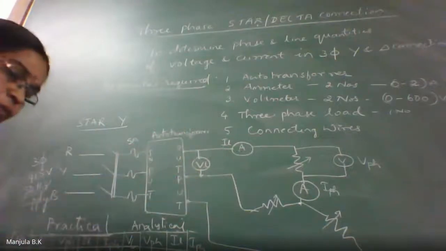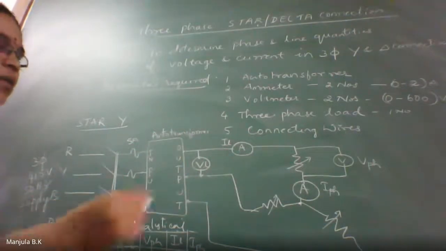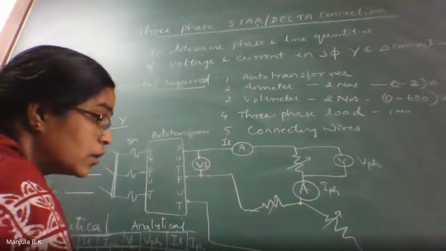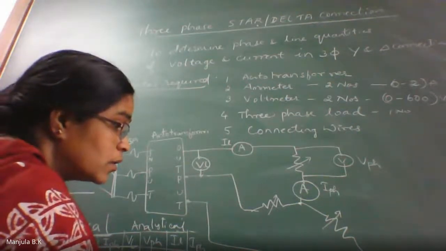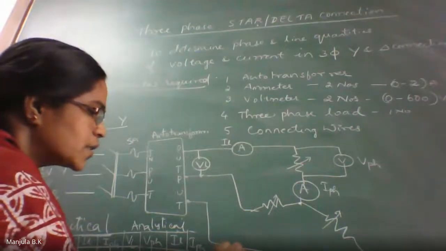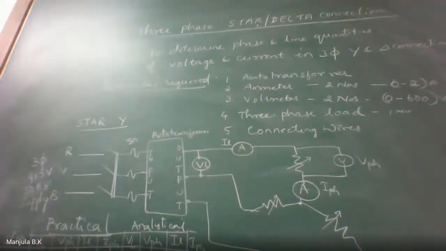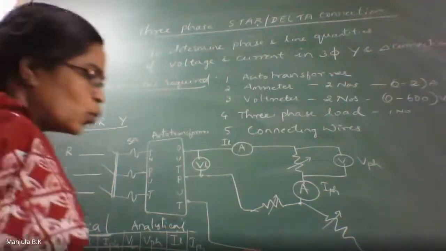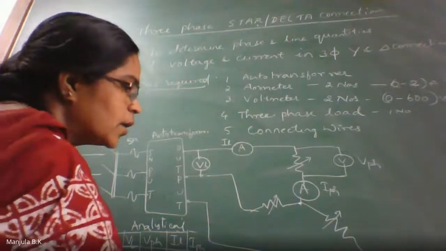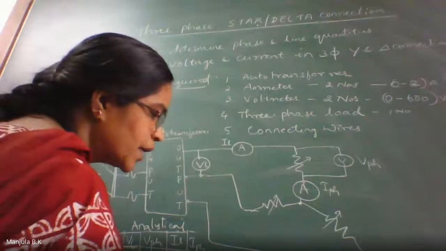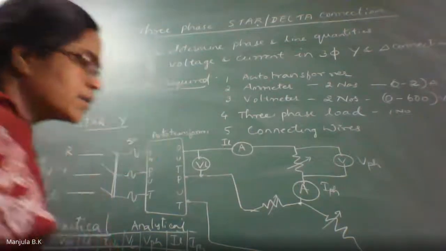So when we have to connect star connection, we will have 3 wires, the load part. If it is R and R dash, Y and Y dash, B and B dash, we will get this star point by connecting all the end points.